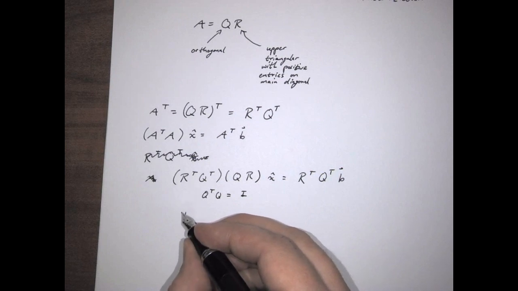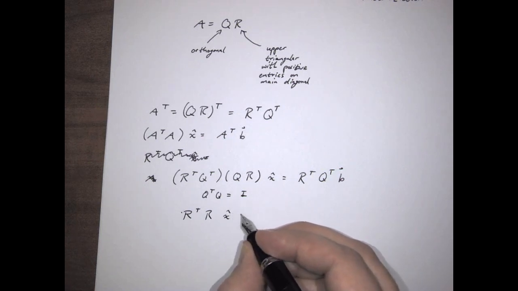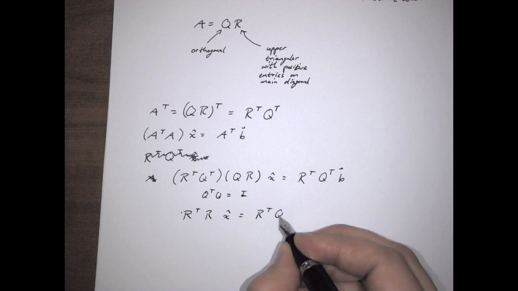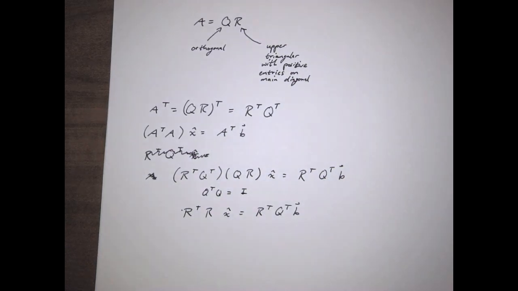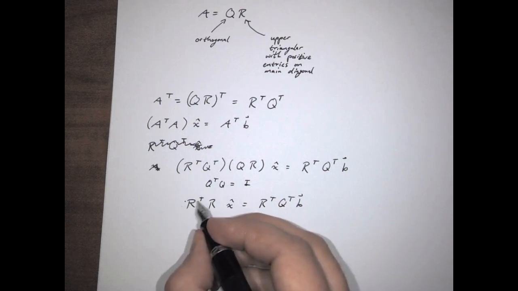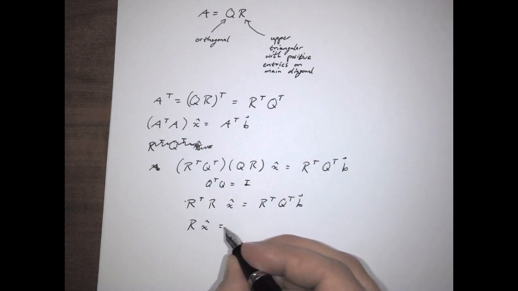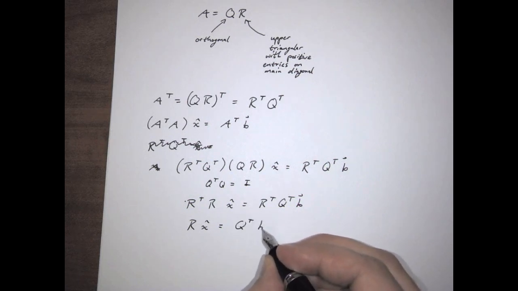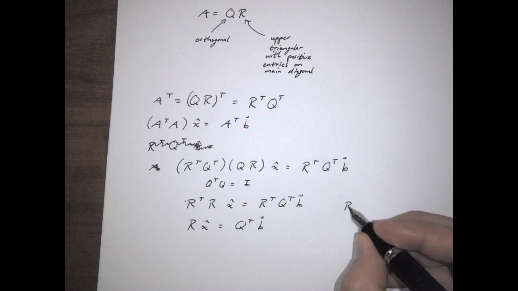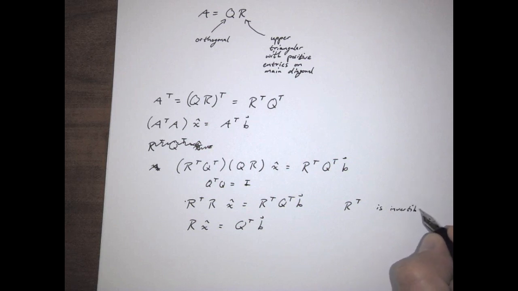And so this gives us R transpose R times x hat equals R transpose Q transpose times B, and R transpose R is invertible because R is invertible, and so then if we multiply both sides by R transpose inverse, that'll be R x hat is equal to Q transpose B. So R transpose is invertible.